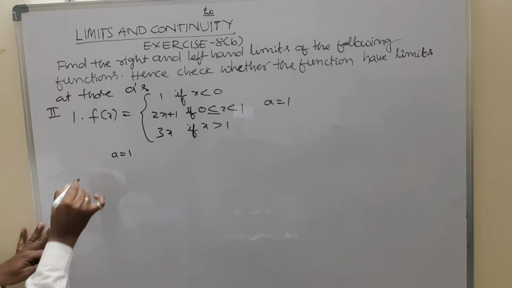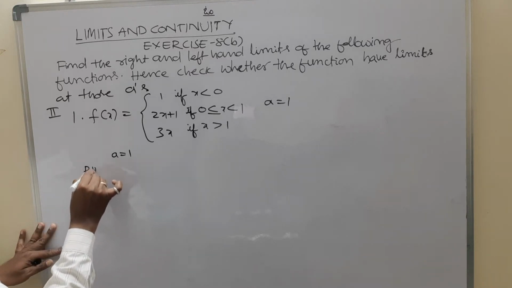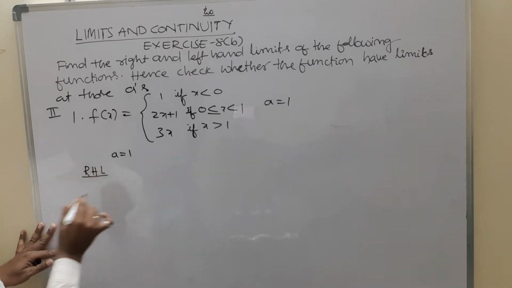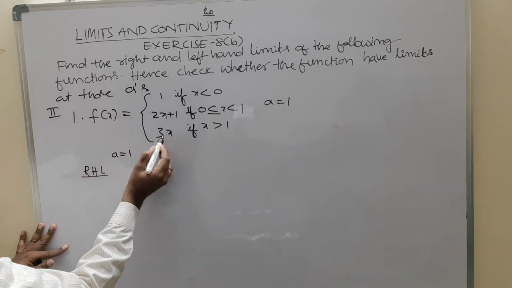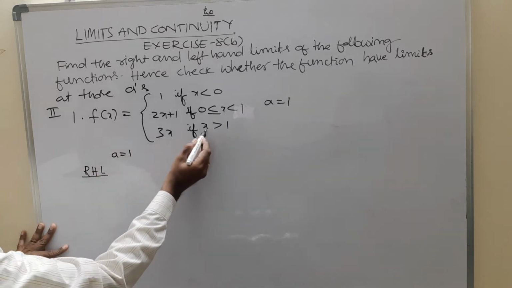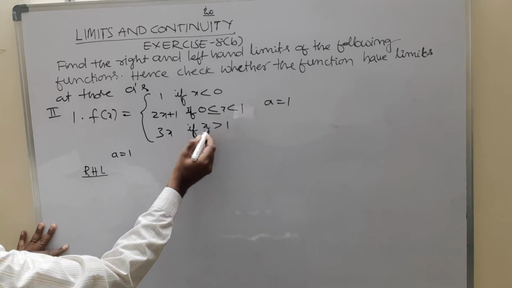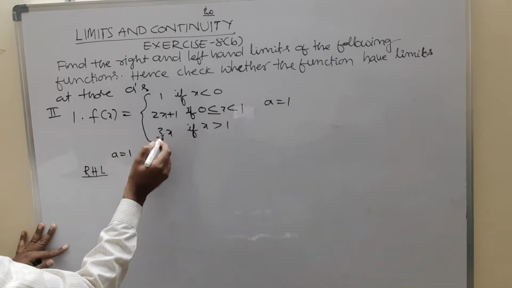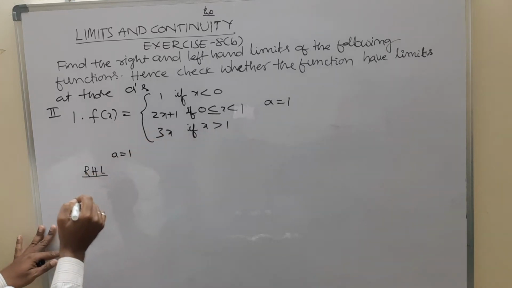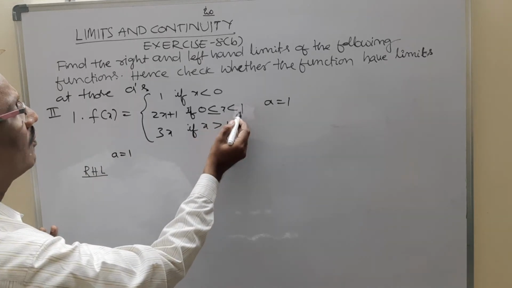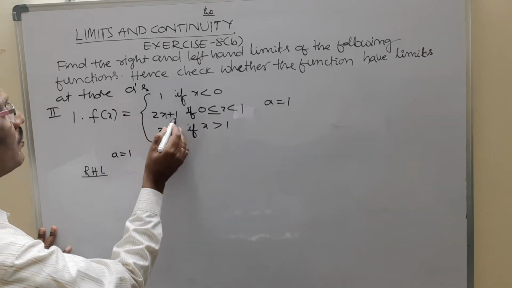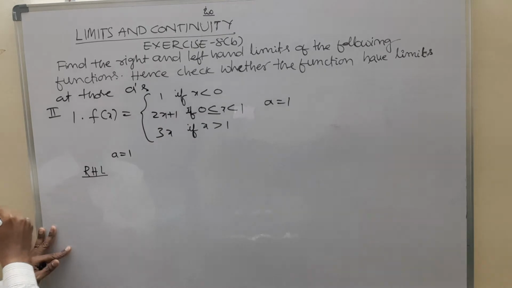To find RHL, the right hand limit. Here f of x is equal to 3x. This is the function for x greater than 1. If x greater than 1, f of x is equal to 3x. This is the right hand limit. If x less than 1, f of x is equal to 2x plus 1. This function is for the left hand limit.